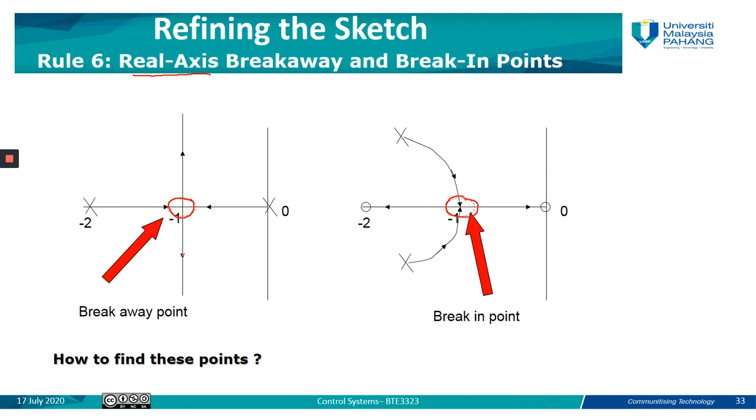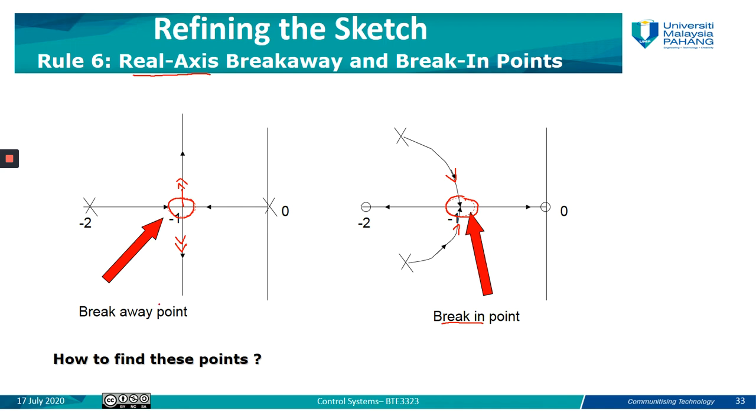You can see the direction of the arrows on both sides is leaving the real axis, so we say breakaway. But here the direction of the arrow in the root locus goes inside the real axis, so it comes from somewhere and goes to the real axis. For this one we call it the break-in point. So this is the difference between breakaway and break-in points.